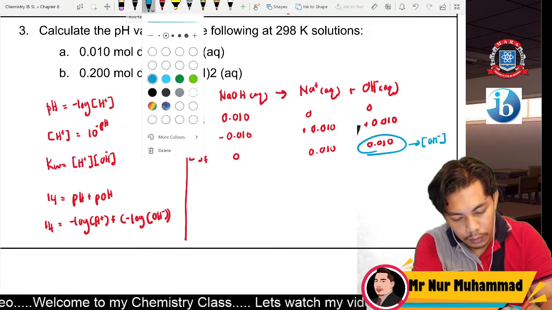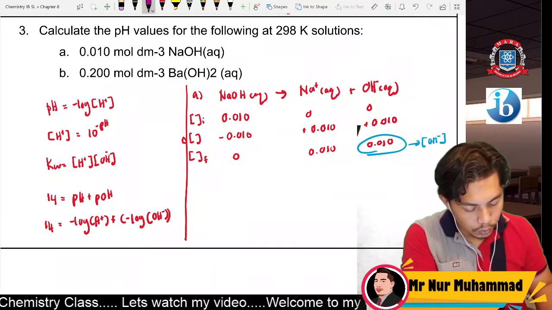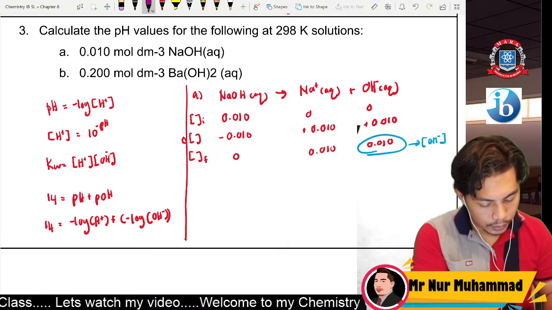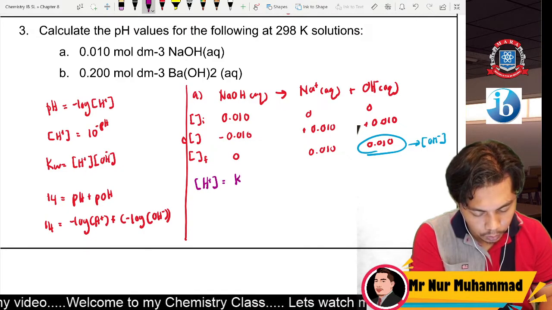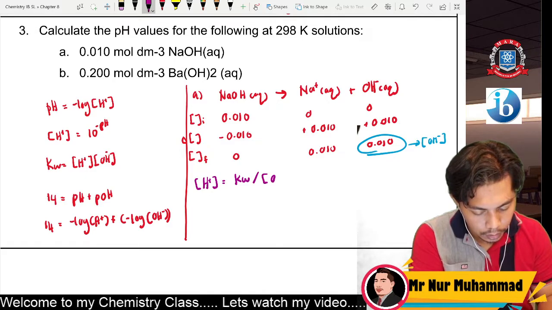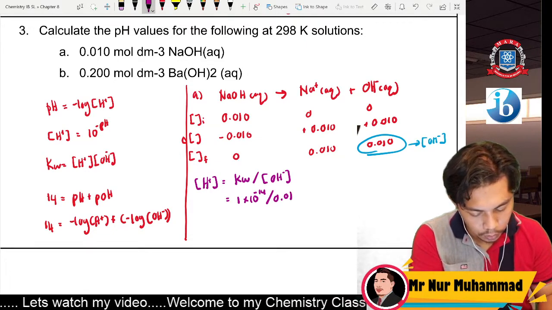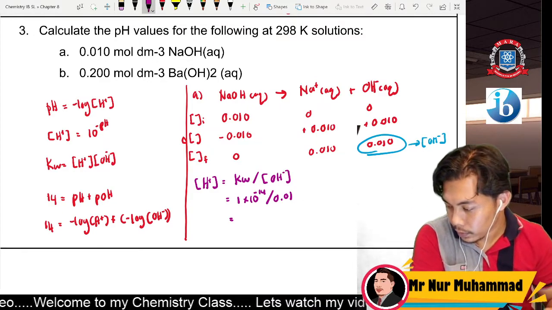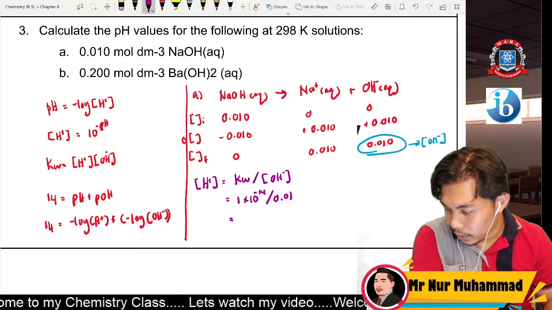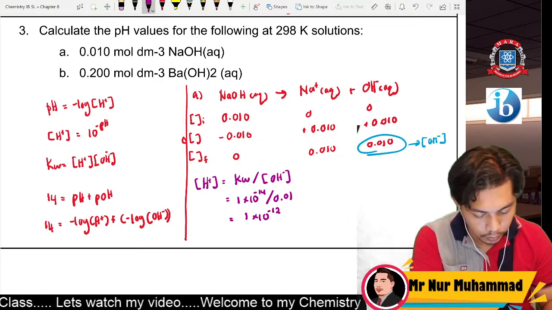Next, we can calculate the concentration of hydrogen ion equal to Kw divided by hydroxide ion, 0.01, and the answer is 1 times 10 negative 12.